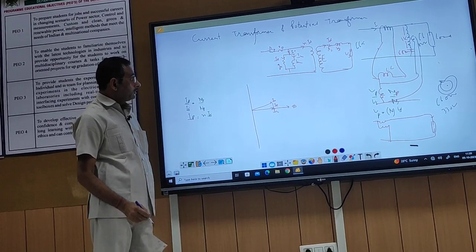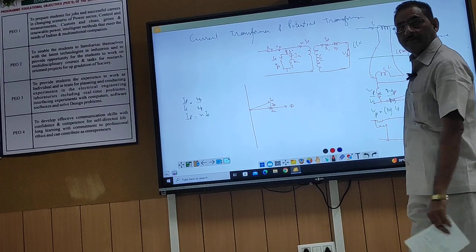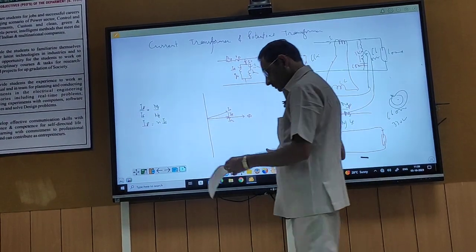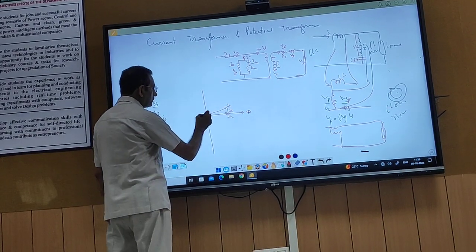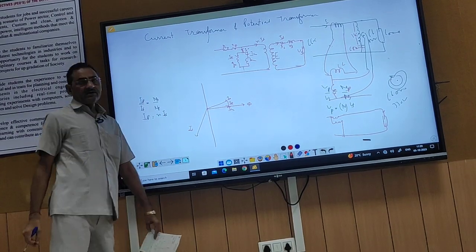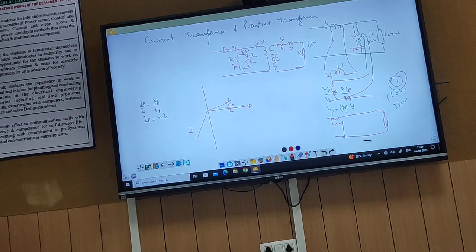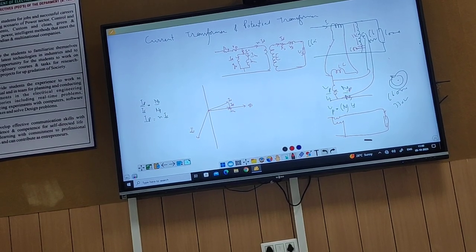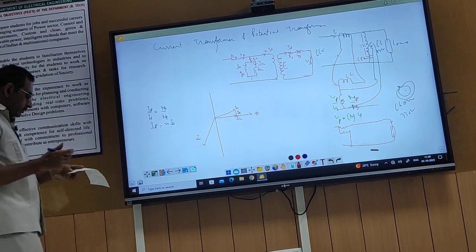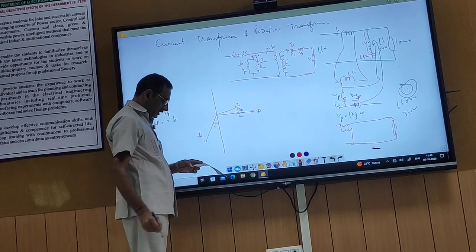Okay, and depending upon the load, the secondary side current is Is. Say for example, this is Is. What will this depend on? The secondary side current depends on the load, meaning the power factor of the load. So the angle of this can be some angle delta.